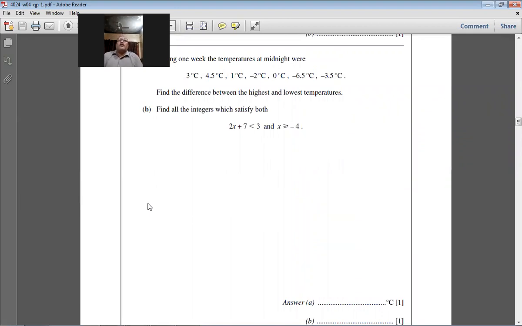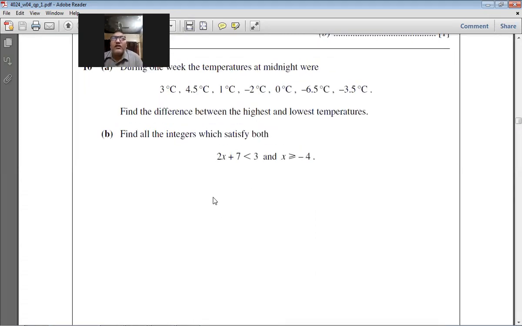Okay. So during 1 week, the temperatures at midnight were 3 degrees centigrade, 4.5 degrees centigrade, 1 degree centigrade, minus 2 degrees centigrade, 0 degrees centigrade, minus 6.5 degrees centigrade, and minus 3.5 degrees centigrade. It says, find the difference between the highest and the lowest temperature. So we want the temperature difference between the highest and the lowest.